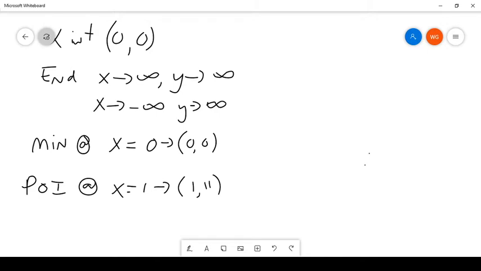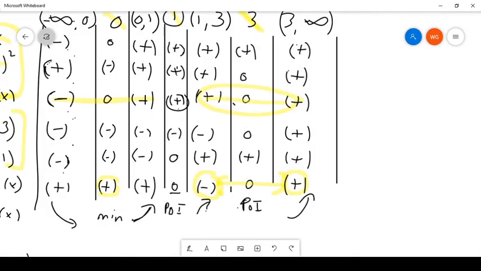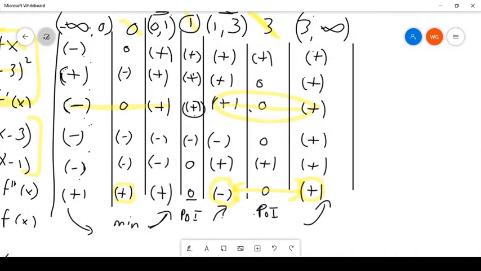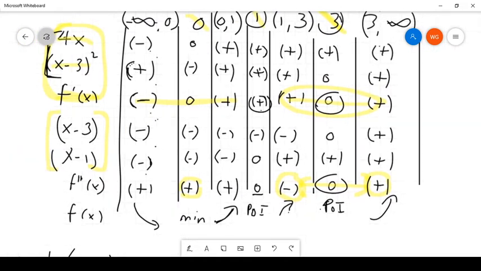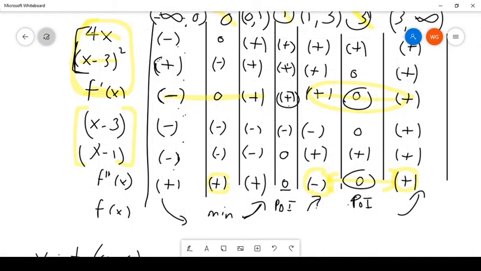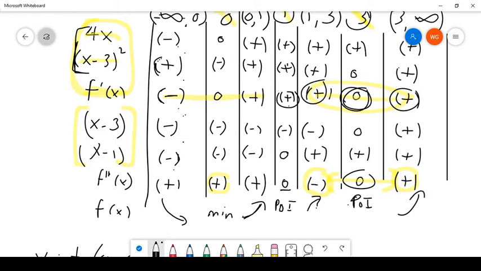We also have, according to our chart, a point of inflection at x equals 3. But this point of inflection is characterized by a 0 slope. Remember, the derivative function would indicate a 0 slope at x equals 3, but since the slope of the function doesn't change over that interval, it's not a turning point, it's just a point of inflection.